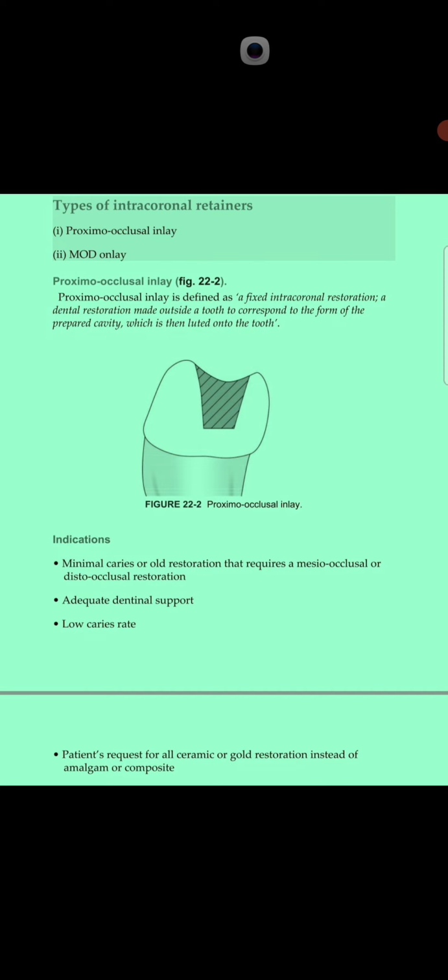Third, if there is a low caries rate, again we give an inlay, an intracoronal retainer. Next is the patient request for all ceramic or gold restoration instead of amalgam or composite. If the patient is not willing to have an amalgam or composite restoration and requires all ceramic or gold restoration, then we give an inlay.